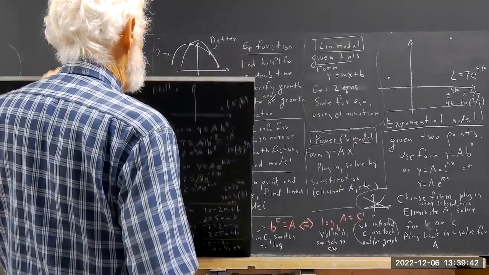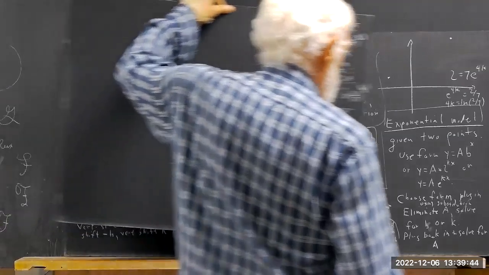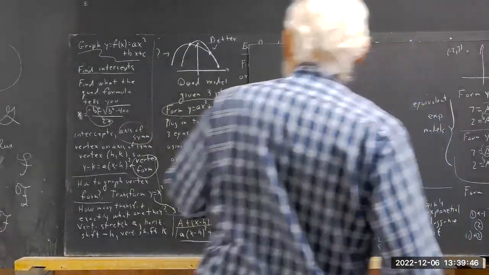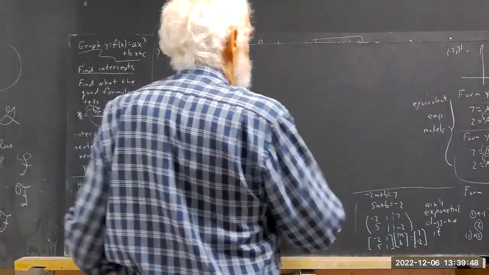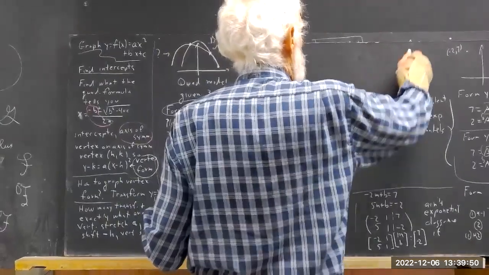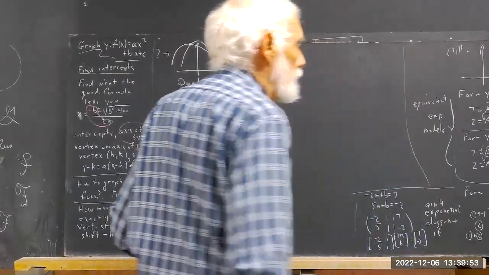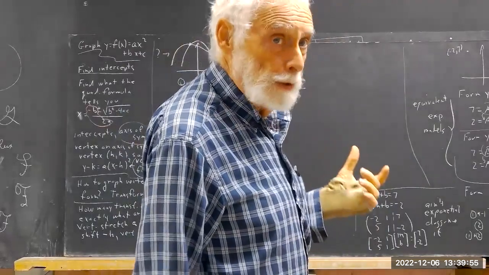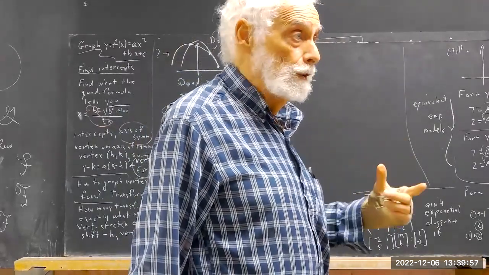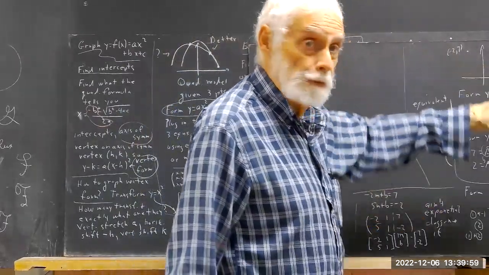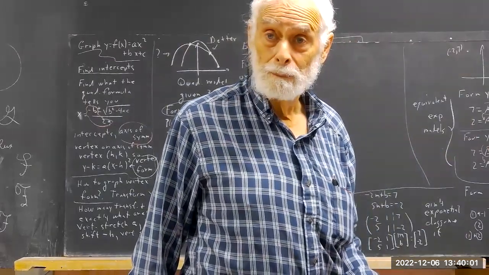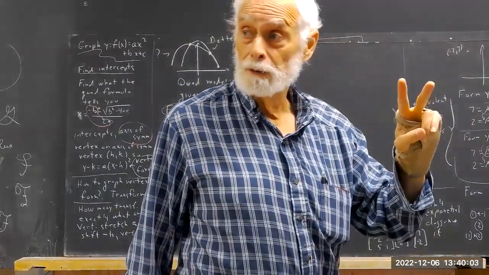Now, right down the section we would have a quadratic model. Now, if you did a quadratic model for just 2 points, you wouldn't have enough information. You'd only get 2 equations.